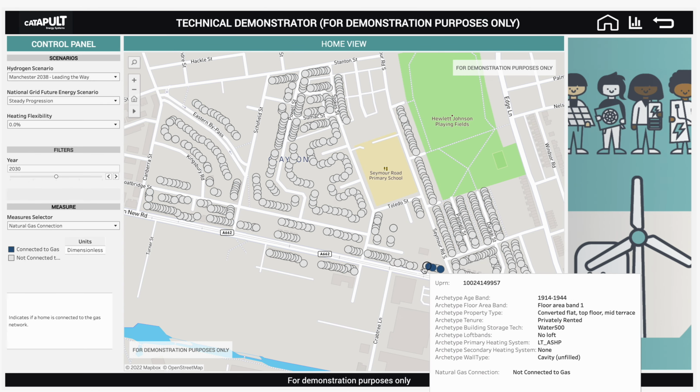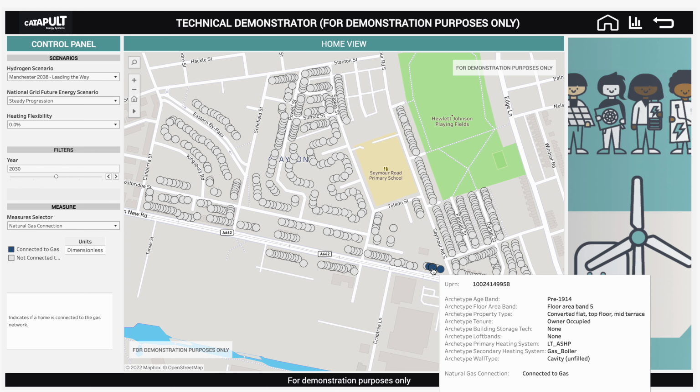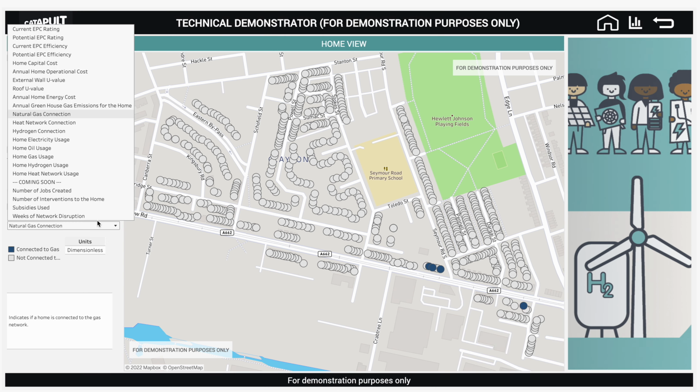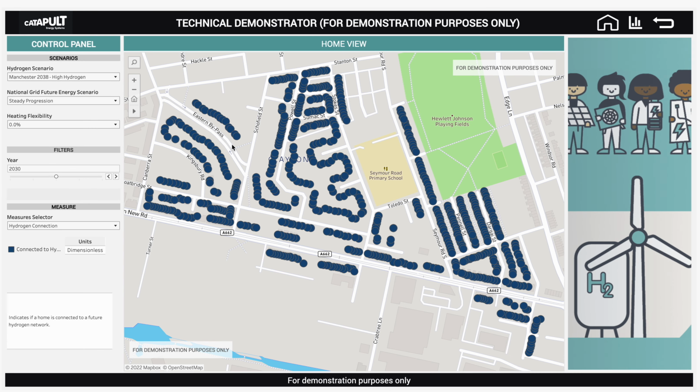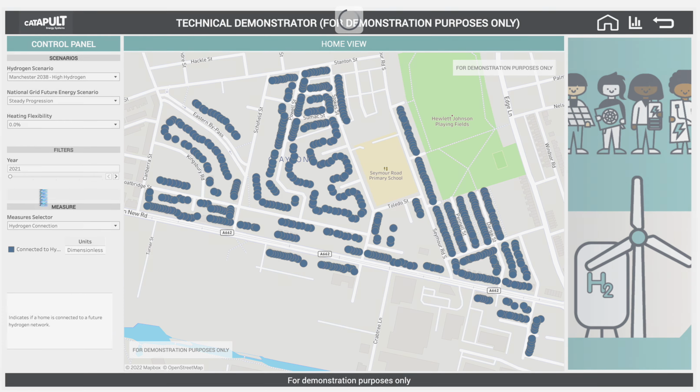There's only a few left in this example where they're still connected to gas. And then of course you'd expect the reverse to be true under the hydrogen scenarios. You can see here everyone's been connected to hydrogen, whereas if we went back to current day, that's not the case.